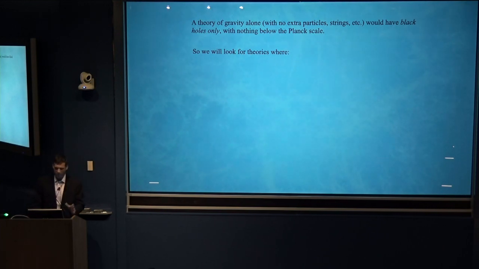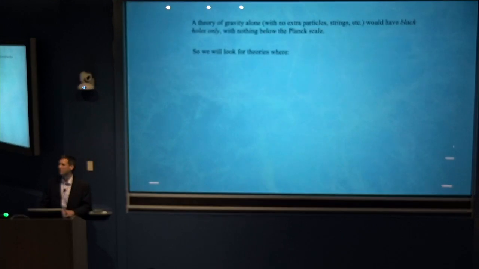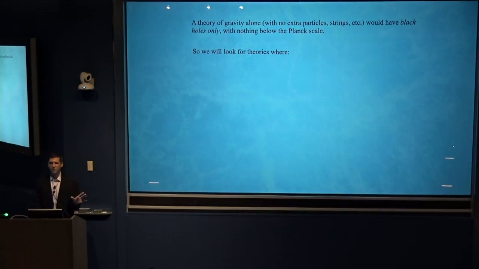So no extra particles, no strings, no extra dimensions, nothing extra, just gravity alone. Well, if you had a theory of gravity alone, then it would only have black holes. There would be no other particles. There would be no particles at all below the Planck scale. And so you would just have a theory of black holes and whatever it is that black holes are made of.